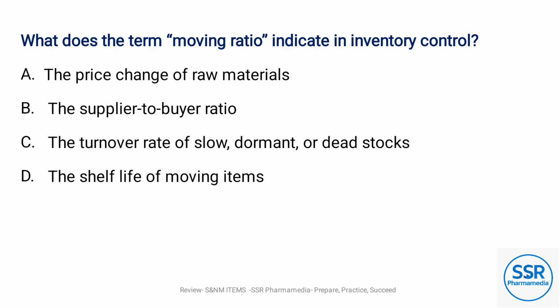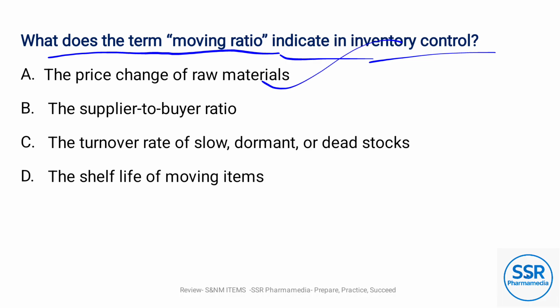Next question. What does the term moving ratio indicate in inventory control? Option A, the price change of raw materials. Option B, the suppliers to buyer ratio. Option C, the turnover rate of slow, dormant or dead stock. Option D, the shelf life of moving items.